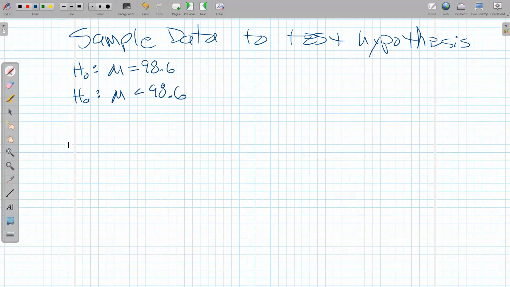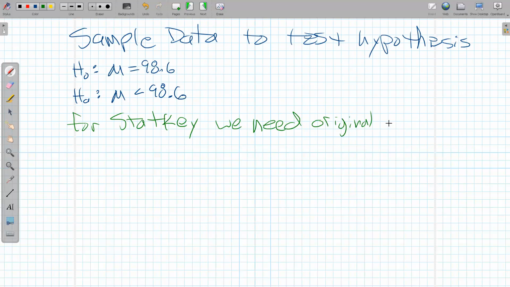And to do this with StatKey, we actually need the whole data set. So for StatKey to run this test for us, we need the original data. It's not enough to just be told what the mean is.